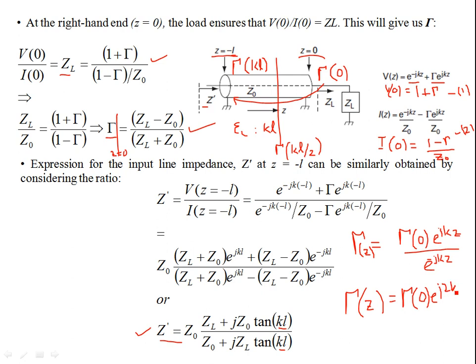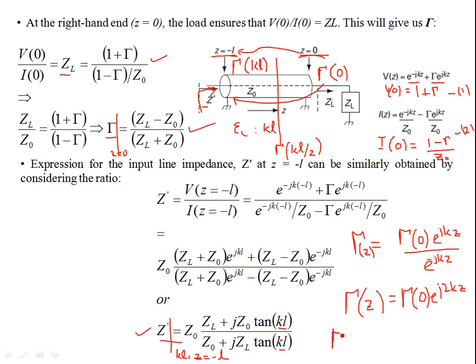And if I'm interested to find, just like over here, this Z prime, you are looking over here, and you are just at the other end of the line. So the electrical length is KL, which means Z is minus L over here. If your origin is at the load side, this is equal to 0. So down there you have to go to Z equal to minus L. You traverse the line all the way down to Z equal to minus L, which is the physical length.